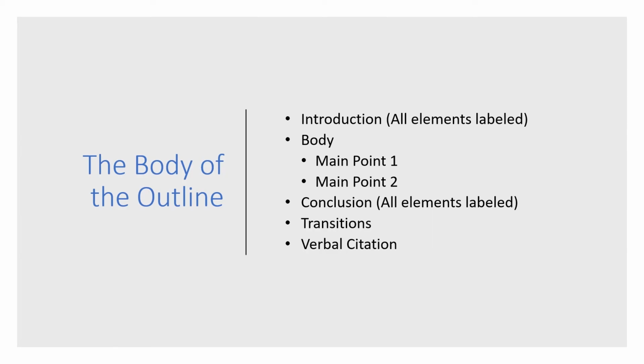You're also going to label your break light, your summary statement, and your clincher. You're also going to make sure that you have transitions in that written outline, and you're going to label your transitions in the outline. You're also going to make sure that you fully write out your verbal citations. So not just the information, but you also show where you got that information from as you would say it in your speech.